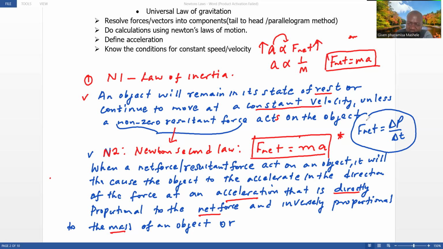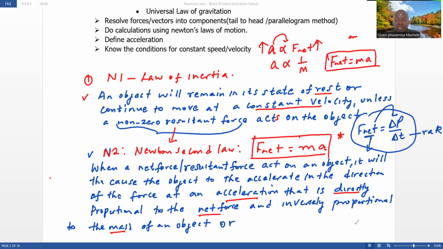If you say the net force on an object is equal to the rate of change in momentum of that object, it's still the same as saying that the net force or resultant force, when it acts on an object, will cause the object to accelerate in the direction of the force at an acceleration that is directly proportional to the net force and inversely proportional to the mass of the object. So you need to know that these two things are the same.